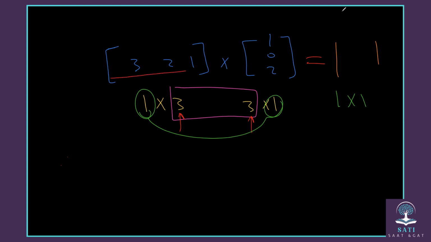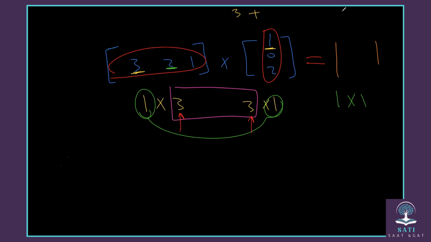In multiplication, you take the row of the left matrix and the column of the right, and you multiply them. Pay attention: the first one on the row, you multiply by the first one in the column. So 3 times 1 is 3, plus. Then you multiply the second number.